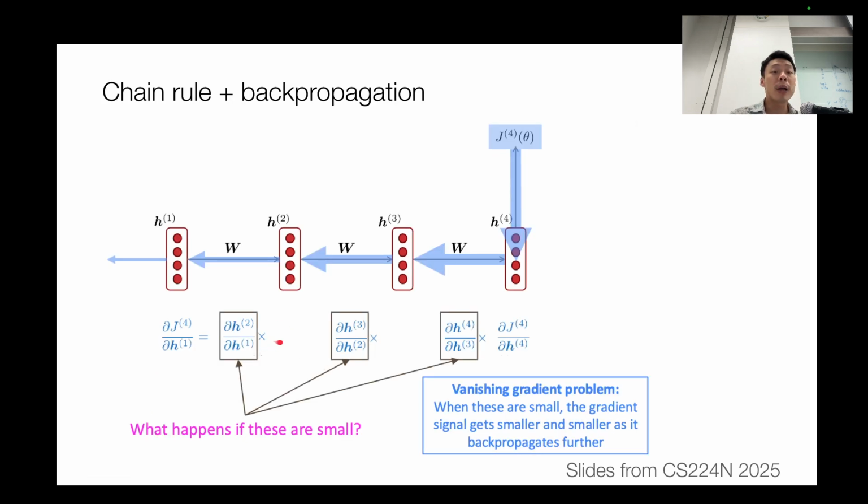So this is what you end up doing, right? Since we have this computation graph, and we saw before how we compute the gradient: we propagate the gradient back. So we compute the partial of J with respect to h4, and the partial of h4 with respect to h3, the partial of h3 with respect to h2, and so on, and then multiply that together.